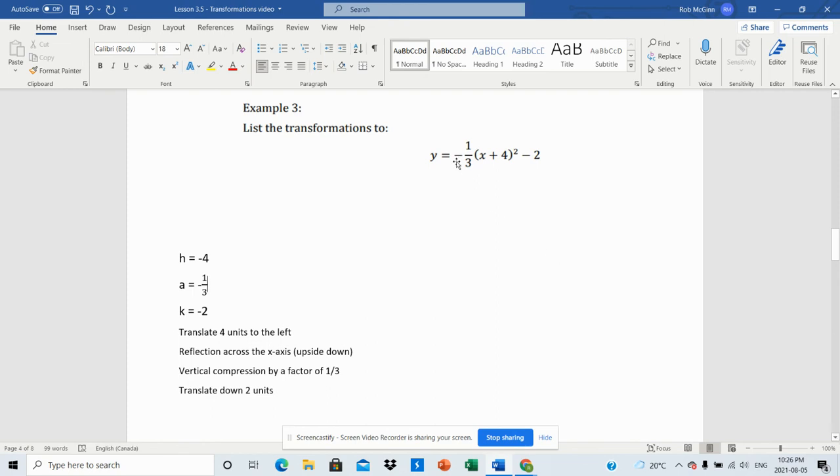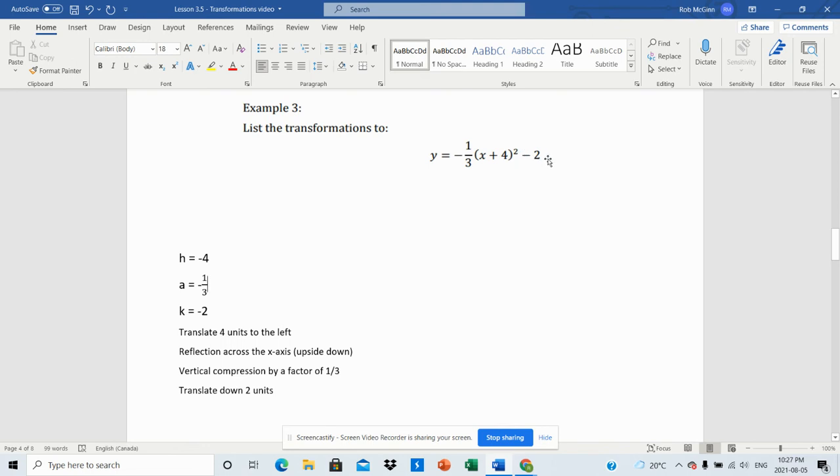So once again, negative in front of the A tells us we've got that reflection. 1/3 for A, which is smaller than 1. That tells us that we've got a vertical compression. If it was greater than 1, it would be a vertical stretch. H, we just have to remember opposite land here. So instead of +4, H is actually -4, which is our translation to the left.